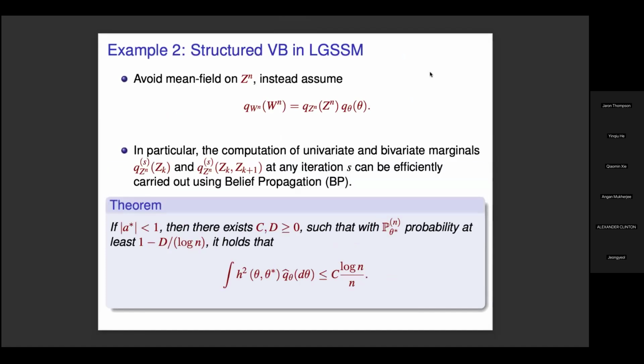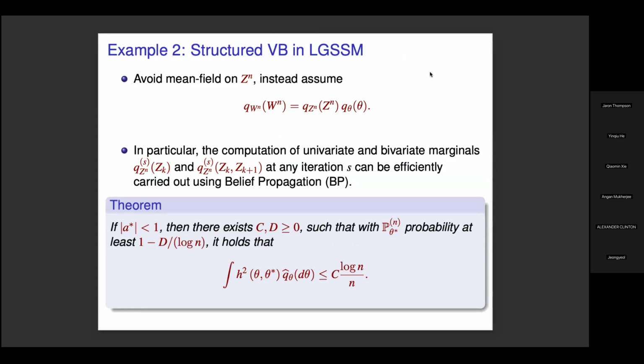So now going back to the linear Gaussian state space model, we don't really assume mean field across all the latent variables, but we assume that there is a joint distribution in the latent variable. But the distributions of z and theta are independent in the variational family. So of course, you can't use coordinate ascent to update your parameters.